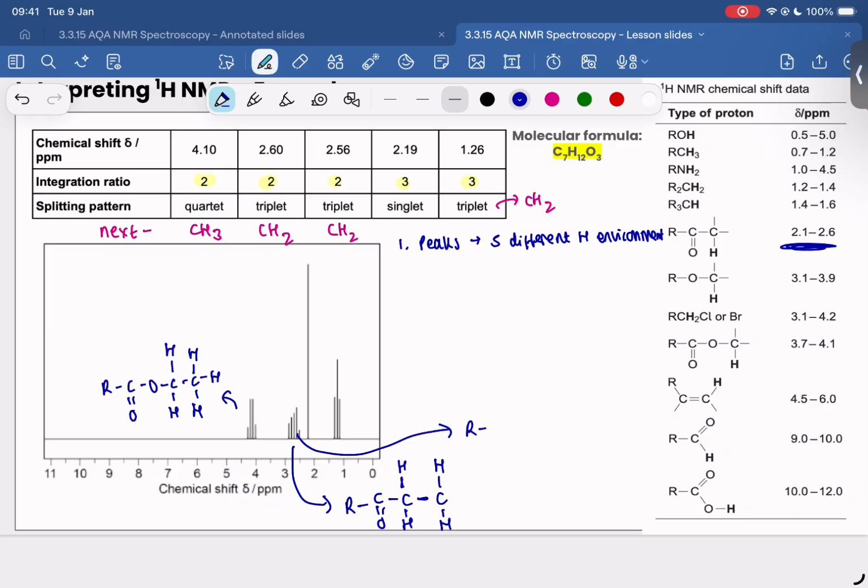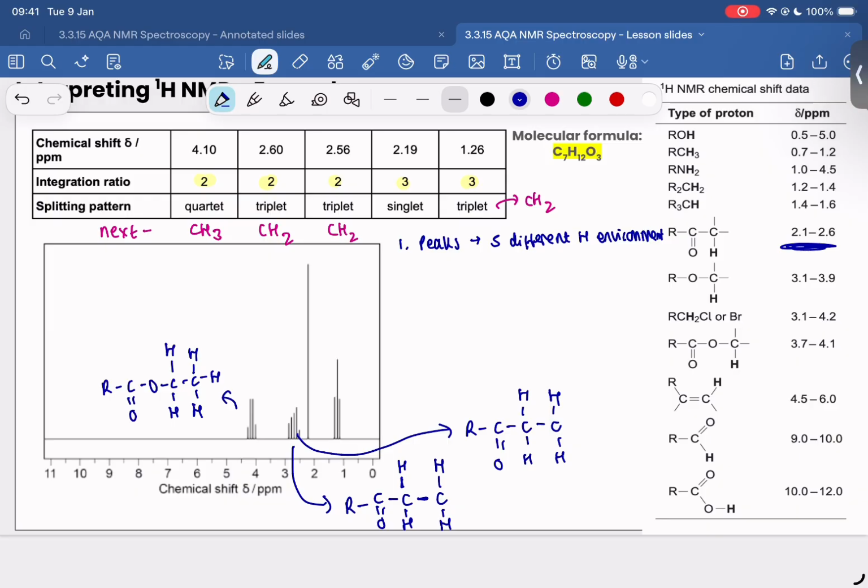If I drew it out, it's just going to look exactly the same, which is why I decided not to. But just for the sake of making sure that I do it for every peak, it's exactly the same because it's attached to a CH2 and it's a triplet again, so it's referring to exactly the same structure.